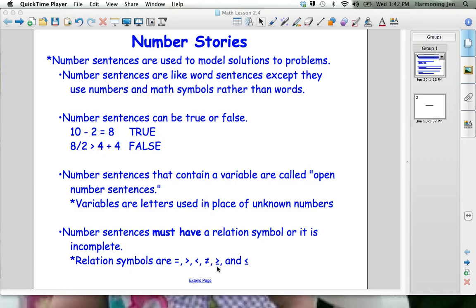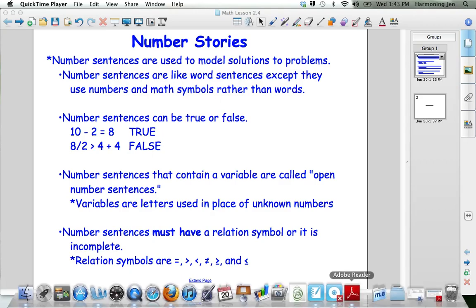This is read, is greater than or equal to. And the last one is less than or equal to. We will not use these symbols very often, but here you are, they do exist.